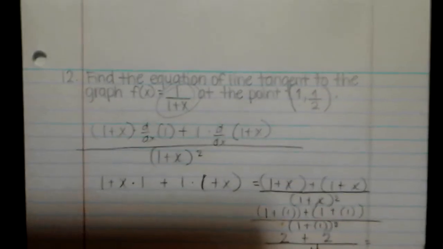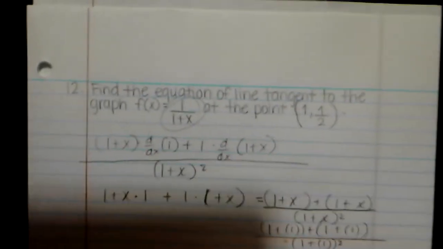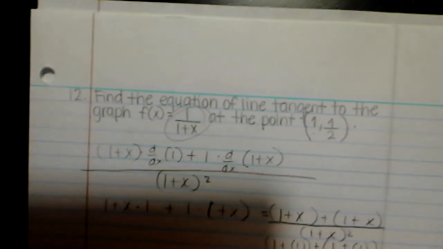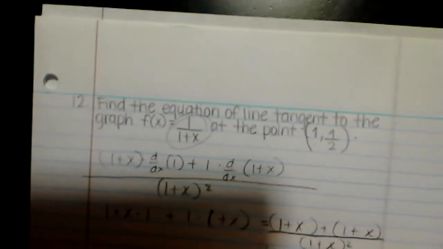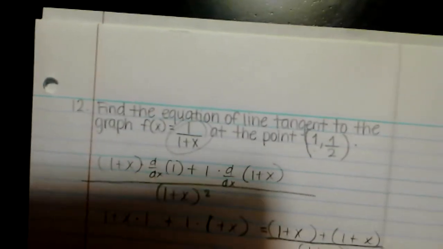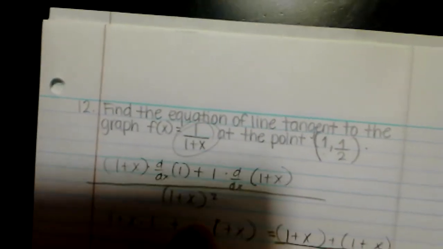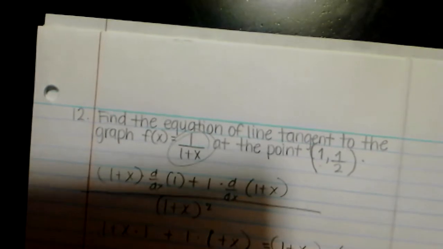So they give you 4 over 4, which should be 1 over 4.